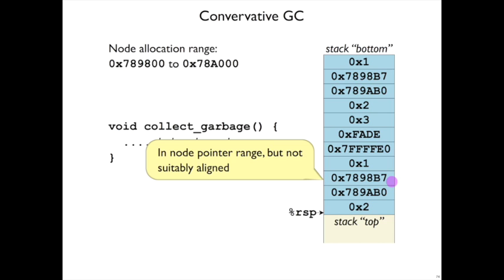Depending on your configuration of your conservative collector, it might just ignore this. Clearly that's a number instead of a pointer to a node. Or maybe you're doing pointer arithmetic in your program, and this especially happens if you're allocating arrays and traversing them, in which case the garbage collector has to recognize any pointer in range and shift it to the beginning of the object as needed.